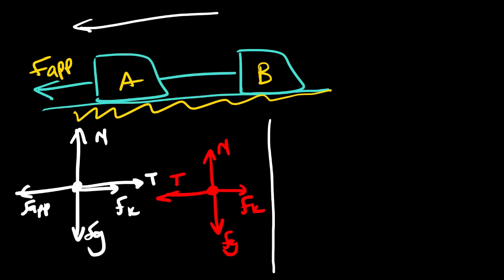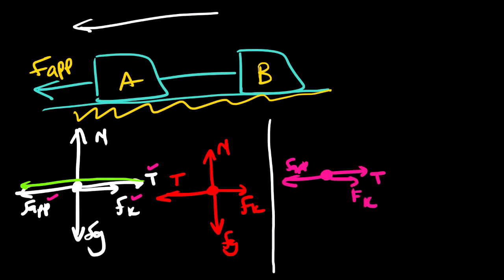Let us go ahead and draw the free body diagram of forces doing work on the first object, which is object A. Now we said the object is moving this direction. So you can see that the forces parallel to the displacement are force applied, kinetic friction, and tension. So we are going to have this force applied, tension, and kinetic friction.